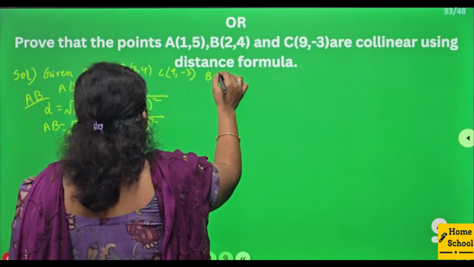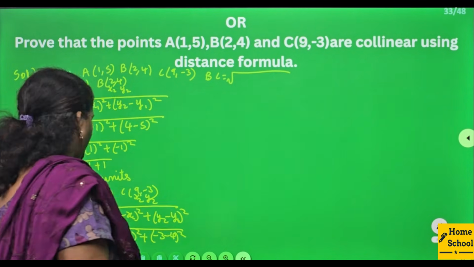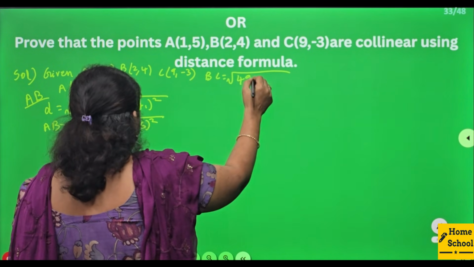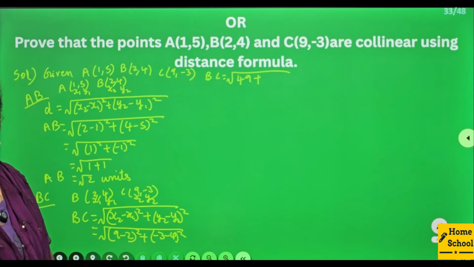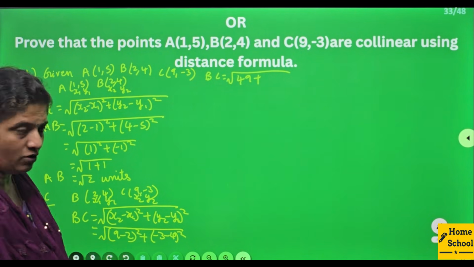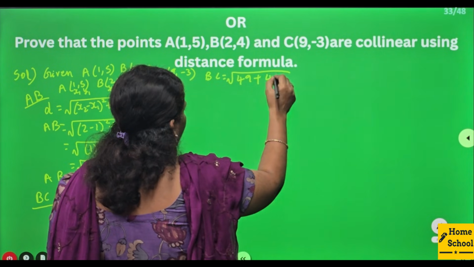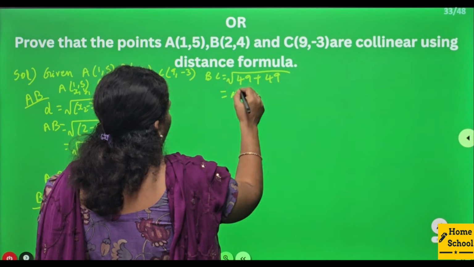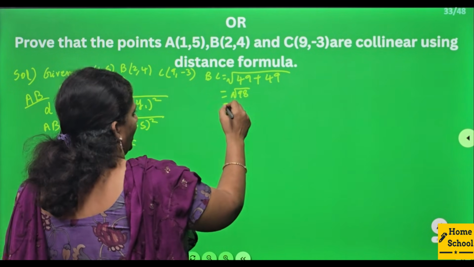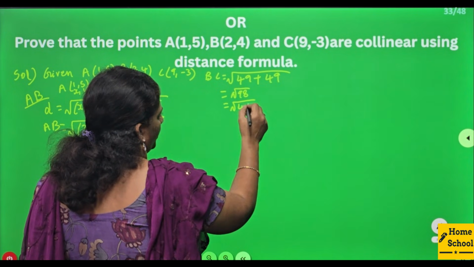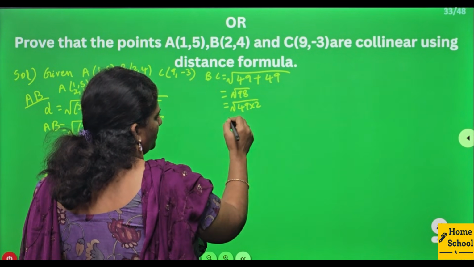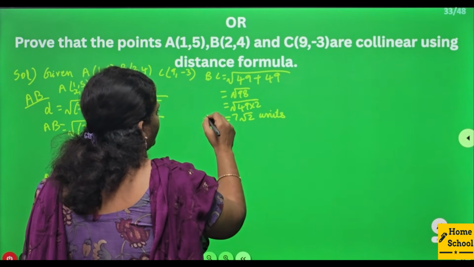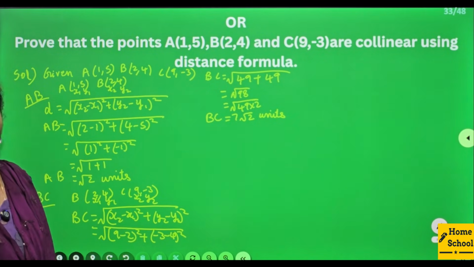That is BC is equal to square root of 9 minus 2, 7, 7 sevens are 49, plus minus 3 minus 4 is minus 7 whole square is also 49. 49 plus 49 will be 98. Now 98 can be written as 49 twos, right? That is 7 root 2 units. BC distance is equal to 7 root 2 units.